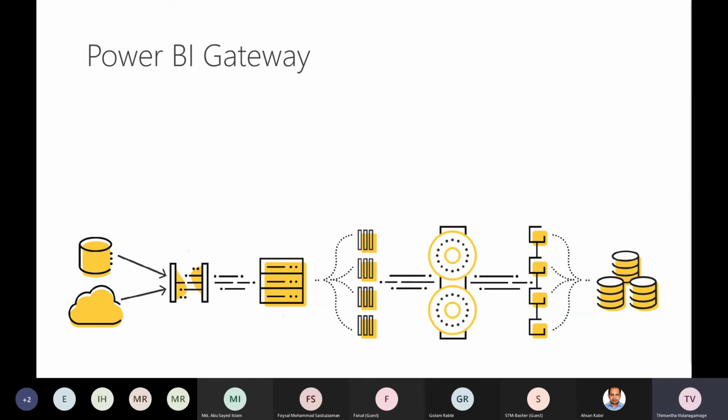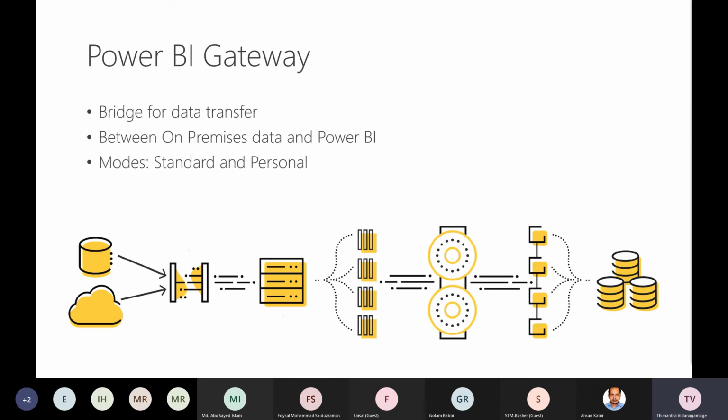What is the gateway? In this case, we'll be using a Power BI gateway. A gateway acts as a bridge between on-prem data sources and Power BI service. Specifically, this is used for data transfer. There are two types of gateways: the standard gateway and the personal gateway.